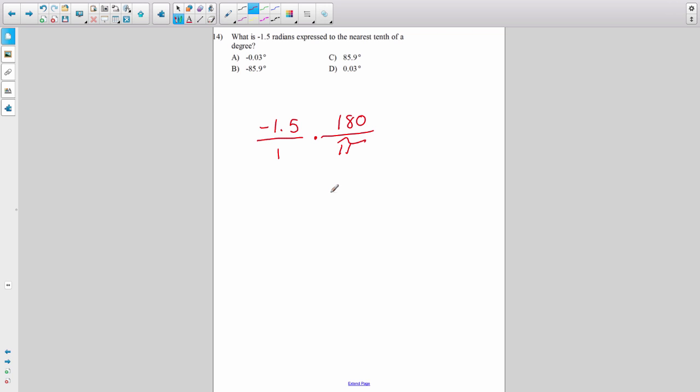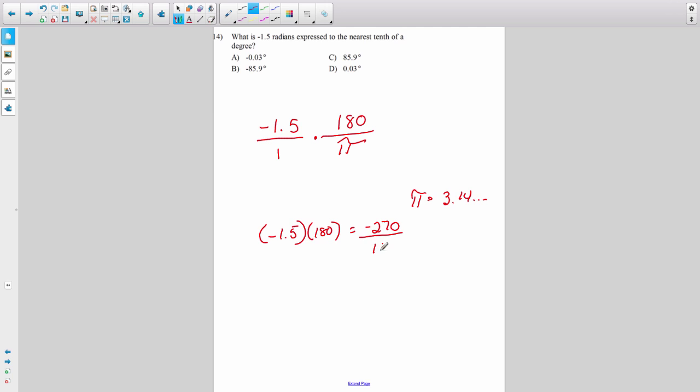But that's okay. We're going to multiply negative 1.5 times 180. And at the end, divide by pi, which is actually a button on your calculator. And it's 3.14, give or take. Okay? So let's do that. 1.5 times 180. Negative 270 degrees.